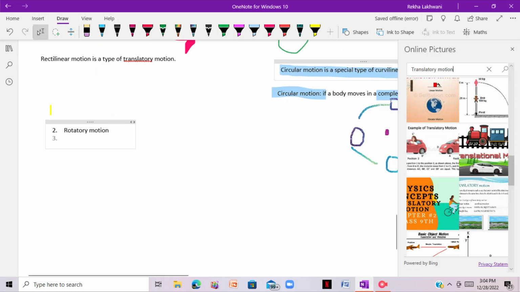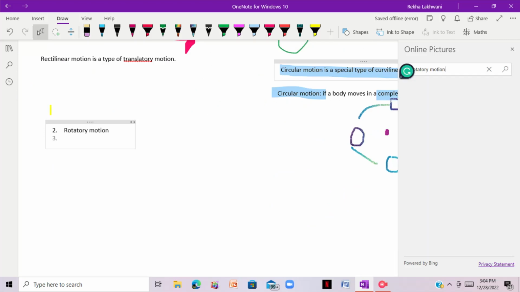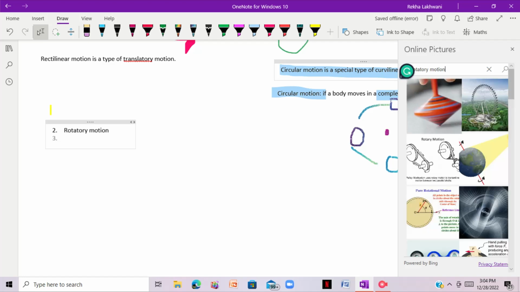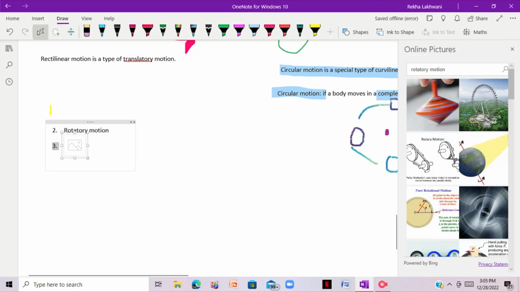Okay, wait. Let me explain it like this. What is rotatory motion? If a body moves on its own axis, it actually rotates, and that is known as rotatory motion.